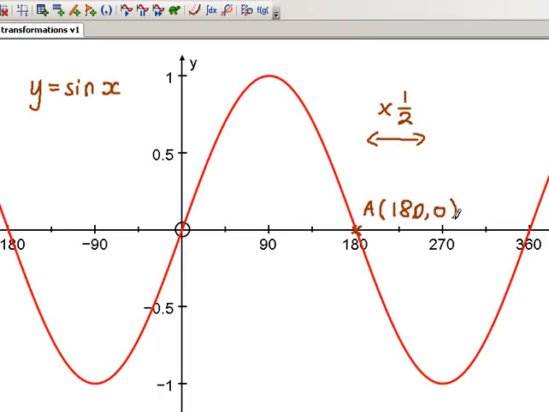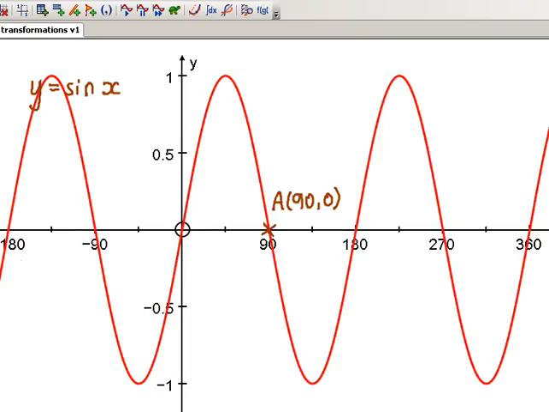So after this stretch has been applied, this point will be at 90, half of 180, 90, 0. So this is point A after the stretch, and the x-coordinate is now 90. The y-coordinates are unchanged.